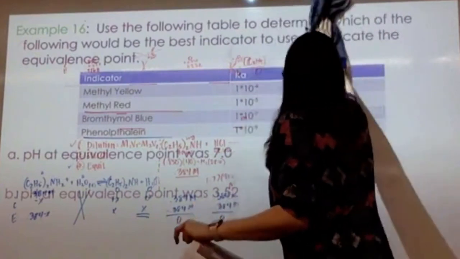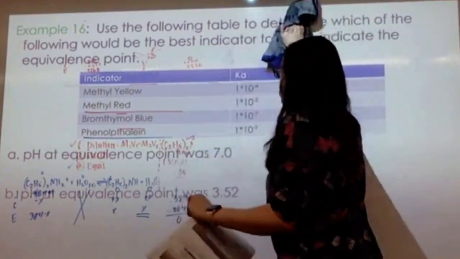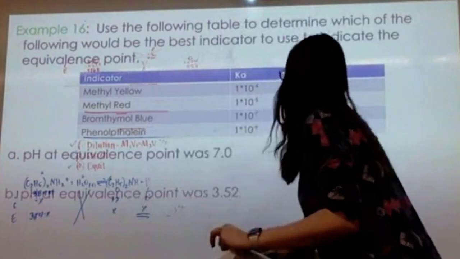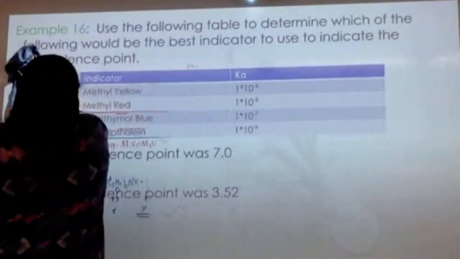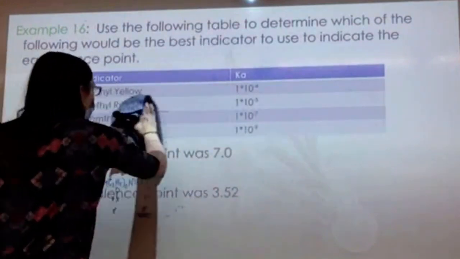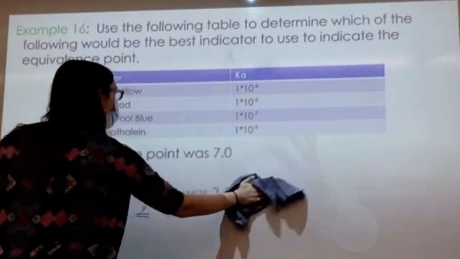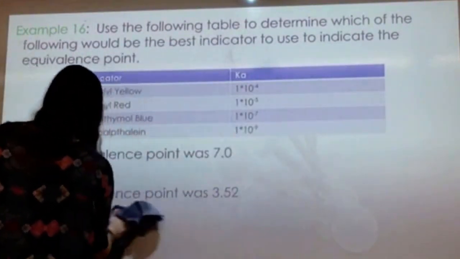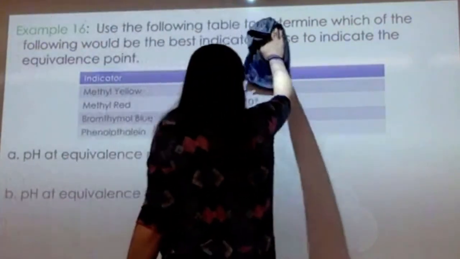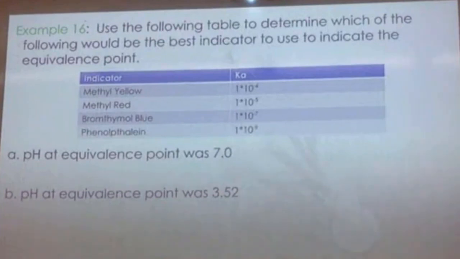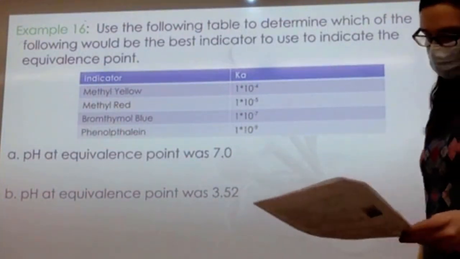And then in the problem, they gave us 4 indicators with Ka values. And I'm going to show you how we can do this without a calculator. And we'll actually get correct values because of the Ka values that we were given.